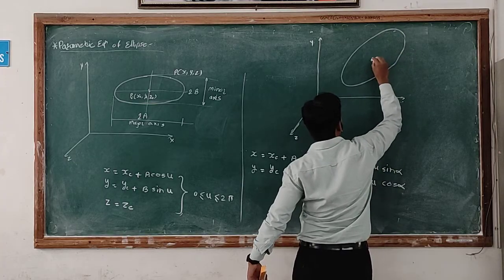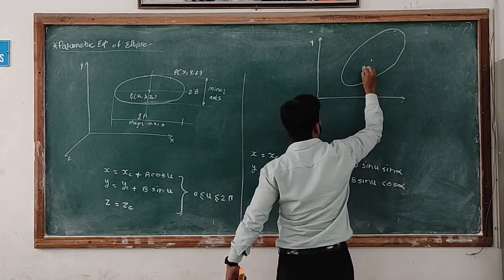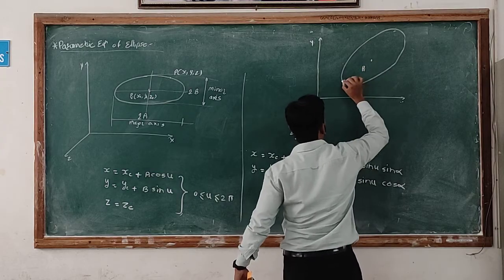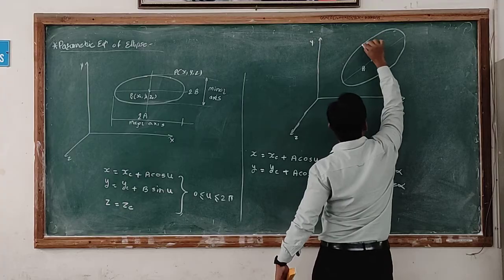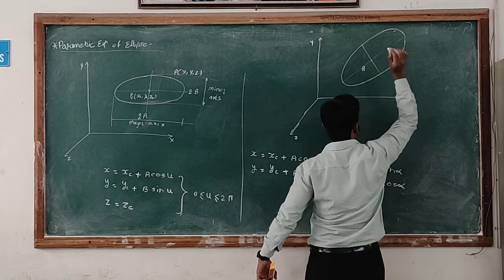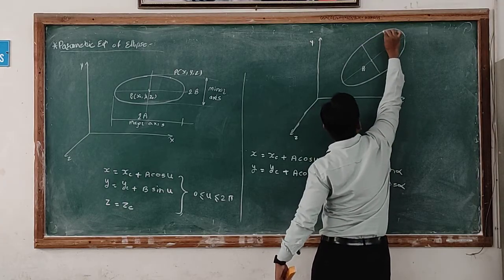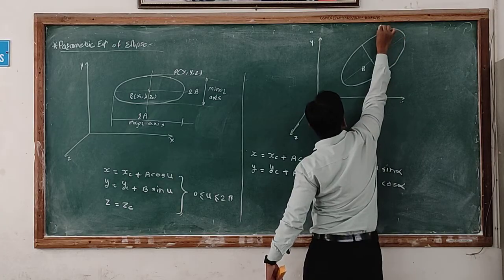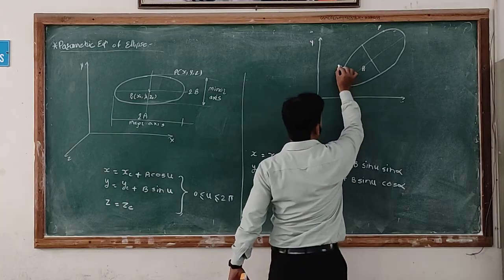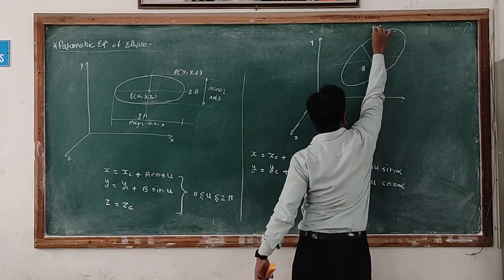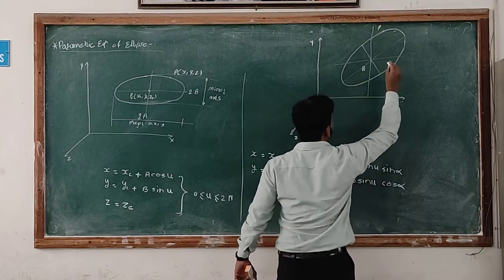This is an ellipse. Here is point P. Suppose this is my x-axis, this is my y-axis.